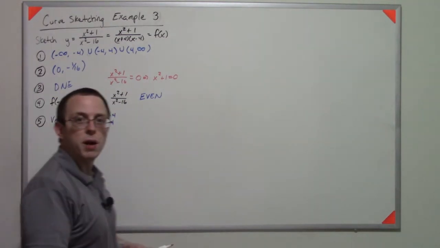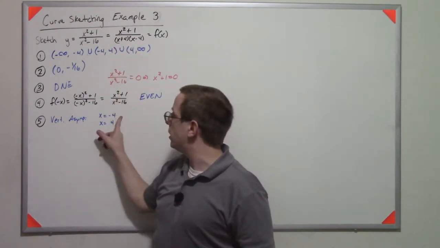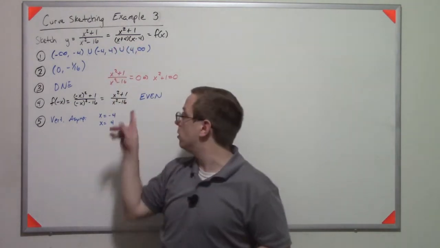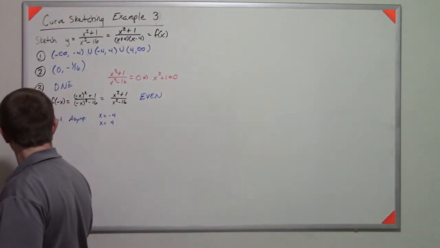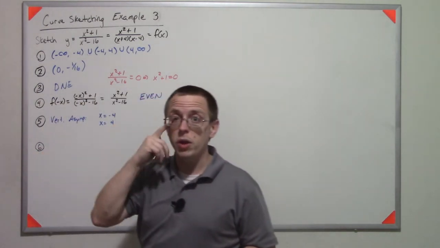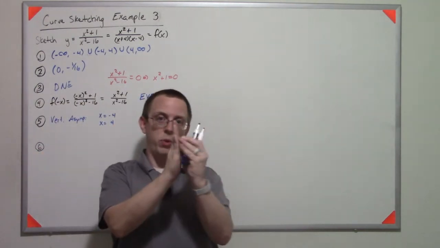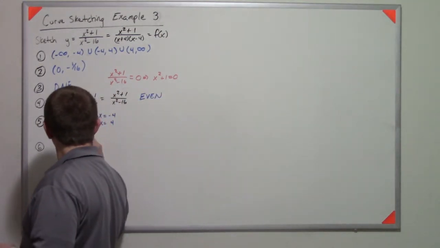And again, we knew that because if we get one asymptote for a positive, we're going to get the negative case because of the reflection, because it's an even function. Now for a horizontal asymptote, again where it's even, we only have to worry about the limit as it goes to positive infinity.